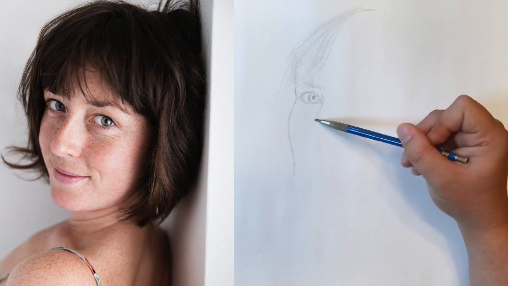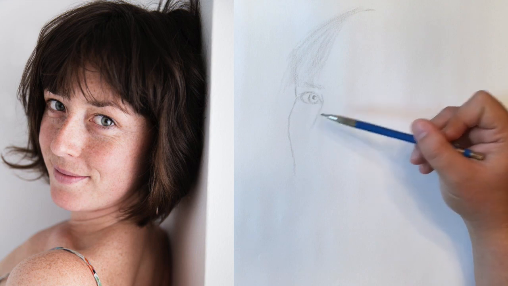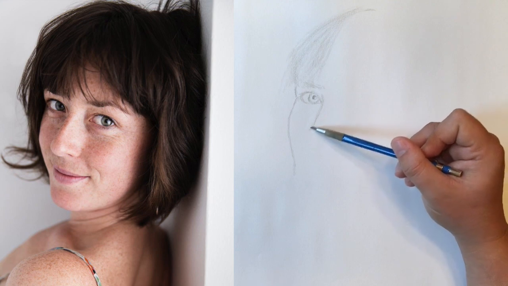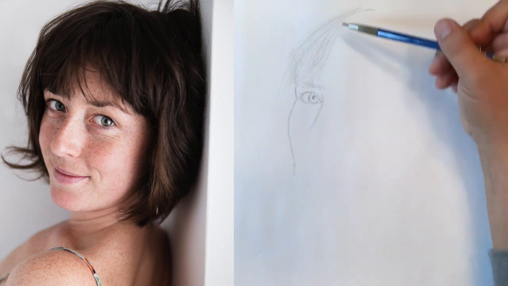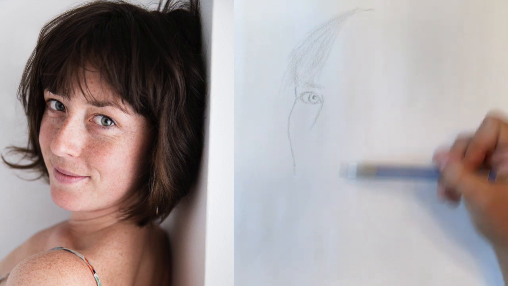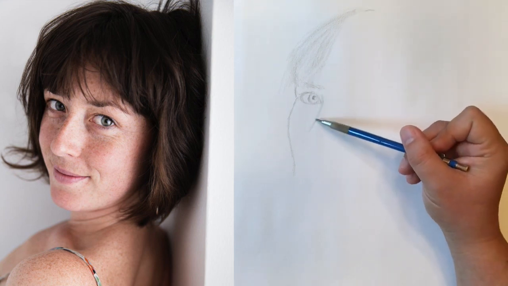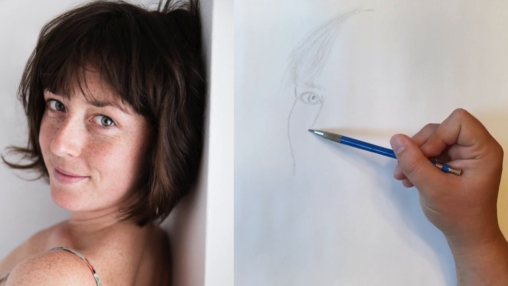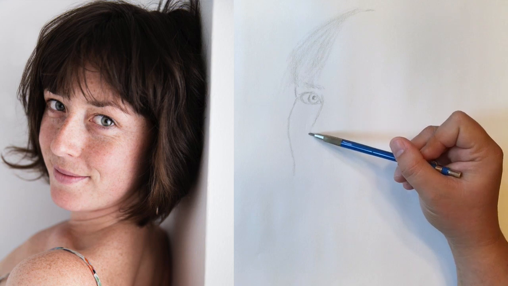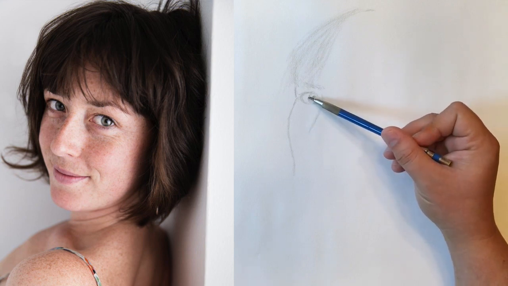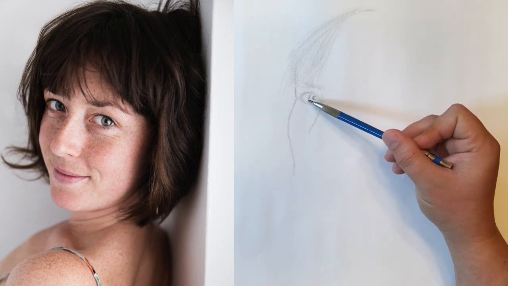And really the main thing to keep in mind here is the angle of the ridge of the nose compared to the vertical axis of the picture. And then the location of the tip of her nose: if you look at her eye, we see the end of her iris right here, and the nose is a little past that.